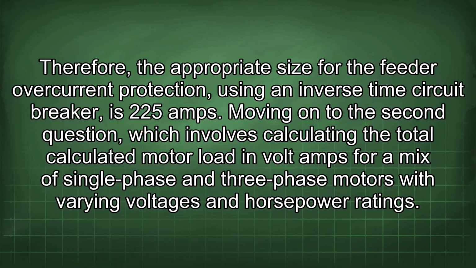Moving on to the second question, which involves calculating the total calculated motor load in volt amps for a mix of single-phase and three-phase motors with varying voltages and horsepower ratings.